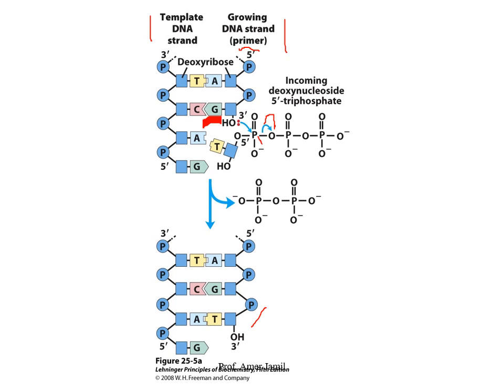And the newly added nucleotide should be complementary, like this is T and this is A, so both should be complementary to each other. And this pyrophosphate which is released provides energy for the DNA polymerase to move on the template.